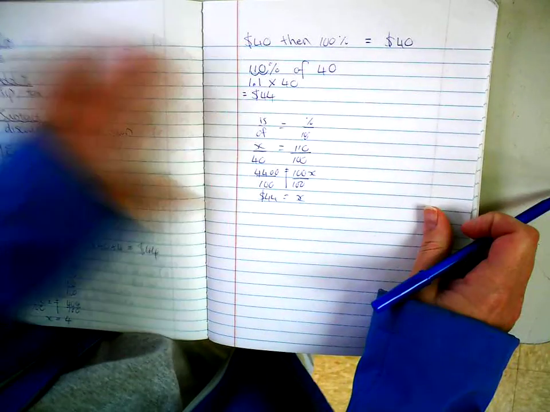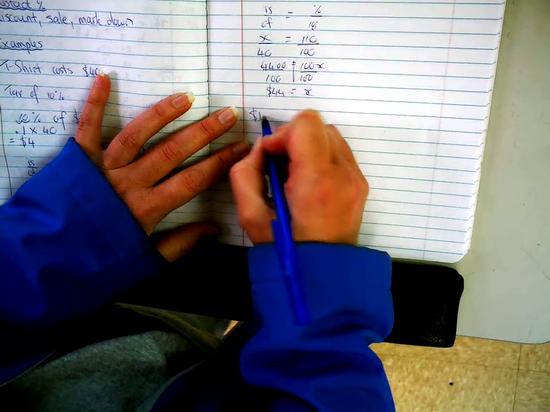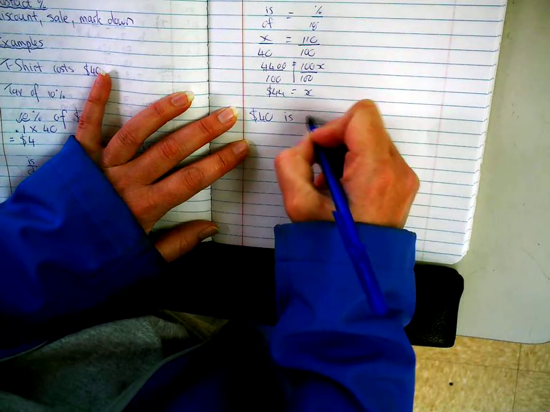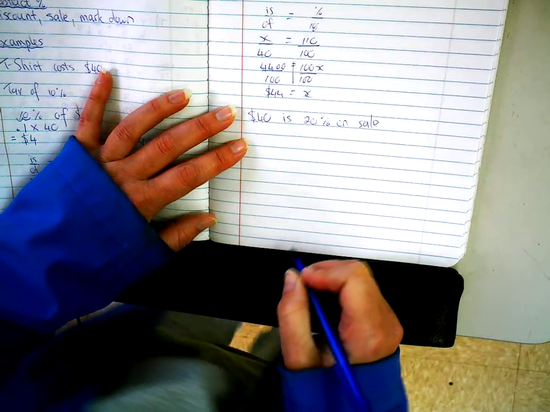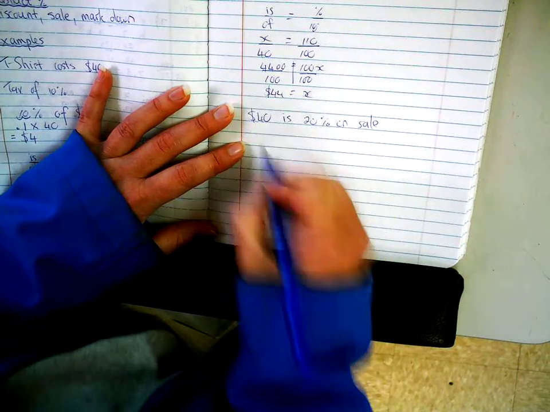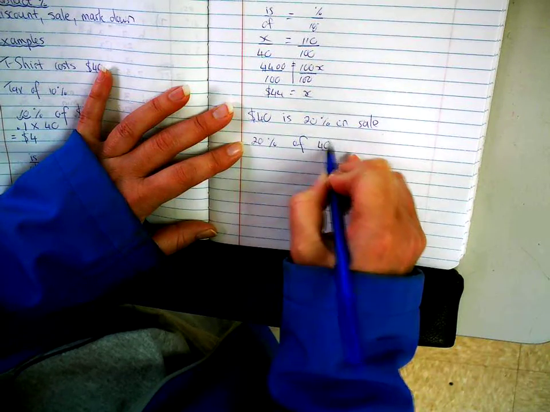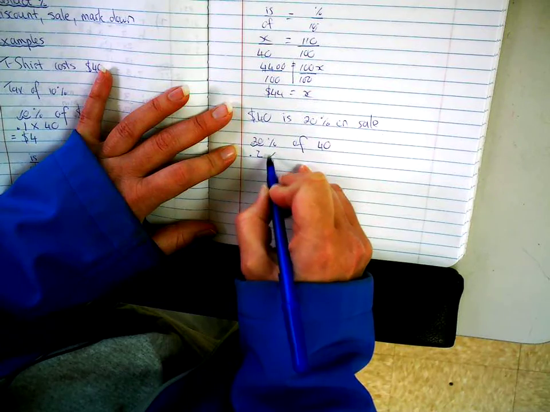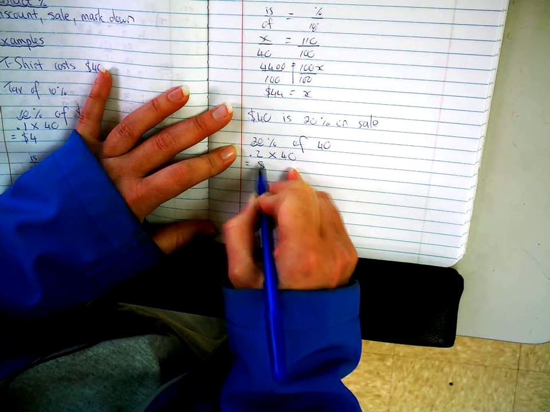So let's look at when we subtract an amount. Let's say the same t-shirt of $40 is 20% down, 20% on sale. Of the $40, I am not going to pay 20%. You can go like this: 20% of 40, boring, boring, 0.2 of 40 equals $8.